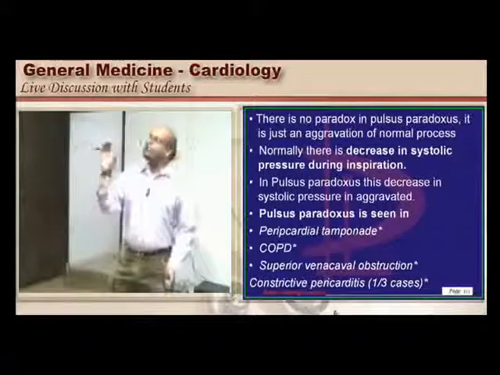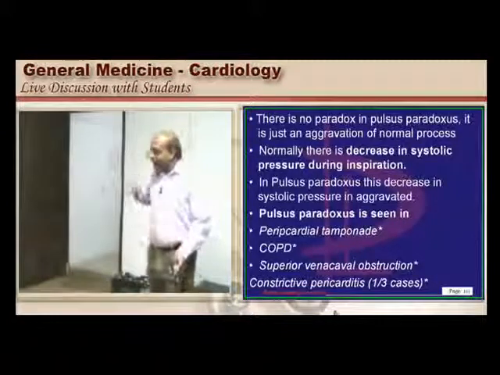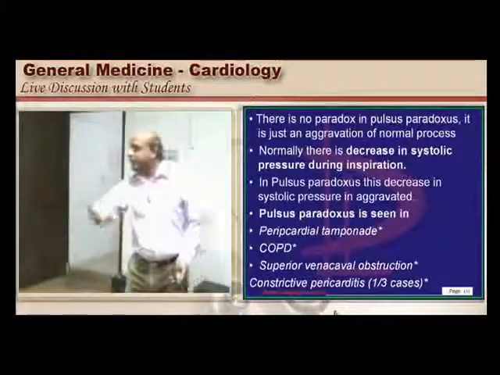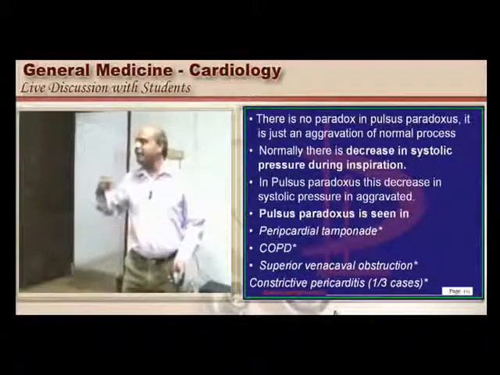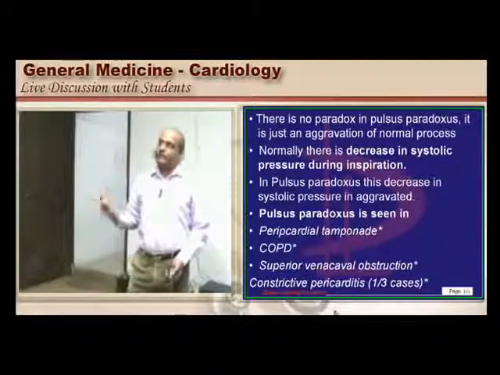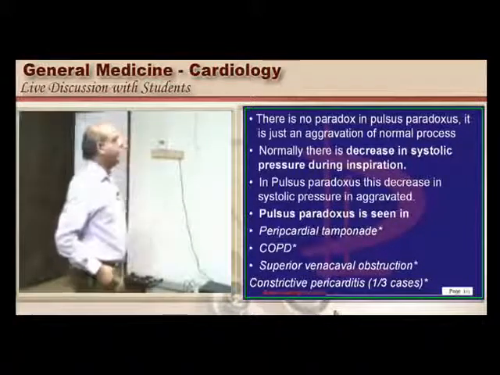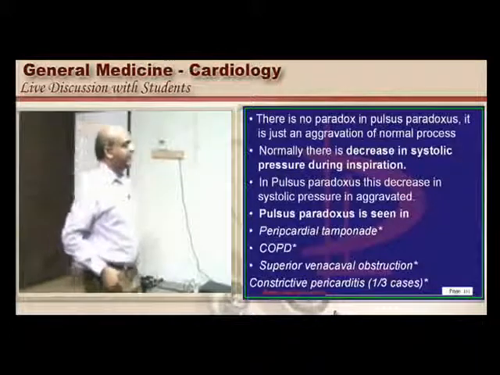So the normal inspiratory fall of the peripheral pulse, because of a decreased left ventricular output, because of the increased right ventricular output, because of an increased venous return at the time of inspiration, is exaggerated in pulsus paradoxus, and it is seen in pericardial tamponade, COPD, superior vena cava obstruction, constrictive pericarditis, etc.